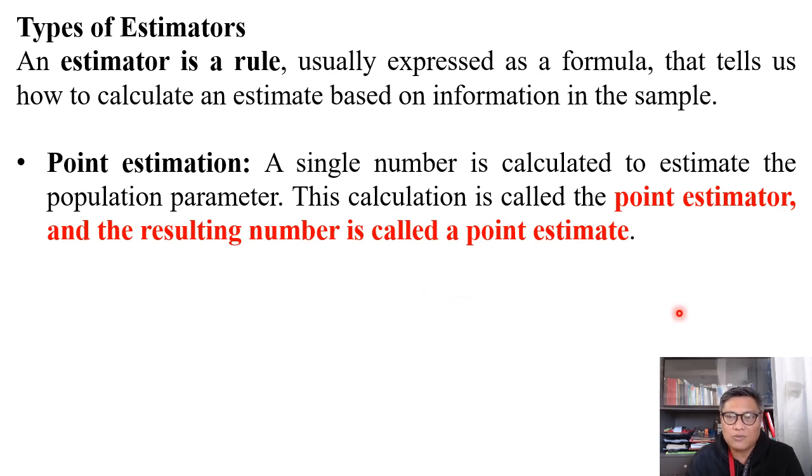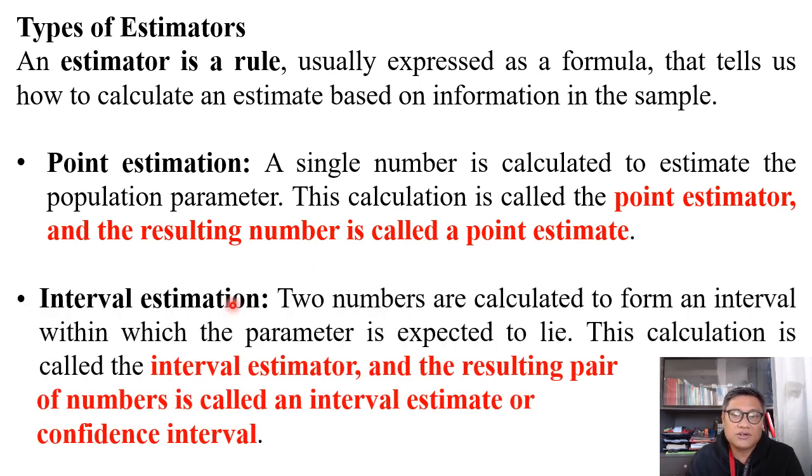The other type is what we call the interval estimation. And this is our concern for this lesson, class. There are two numbers that are calculated in the interval estimation. This calculation is what we call the interval estimator, and the resulting pair of numbers is what we call the interval estimate or the confidence interval, which is our focus for today's lesson.